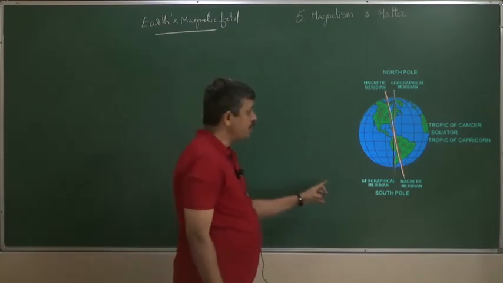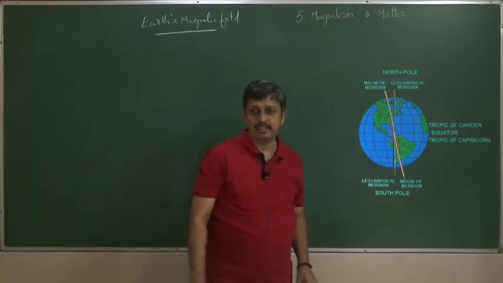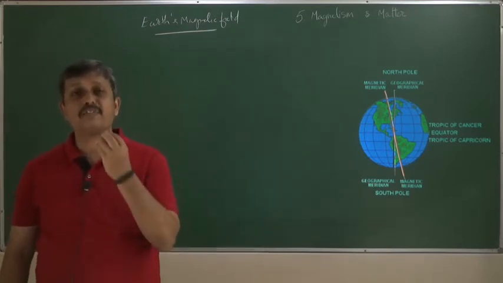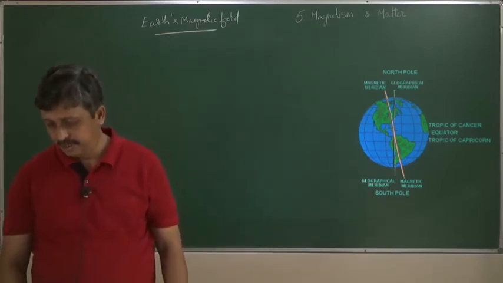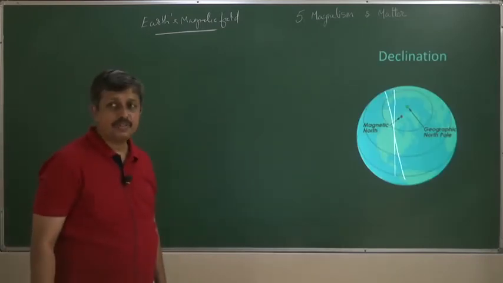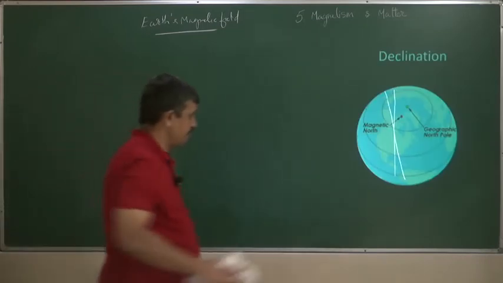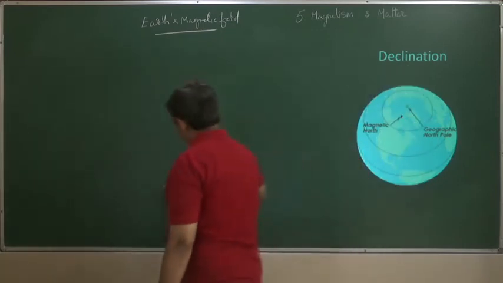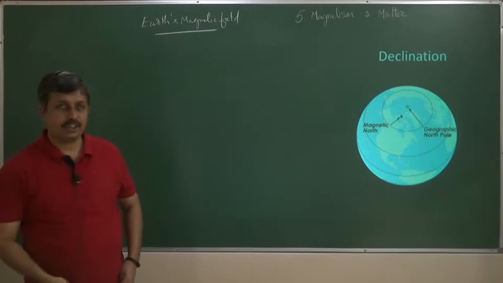Now we want to go to a specific local point and see how we can find out the magnetic field at that point. So how do we measure? We measure it using a few parameters. First one is called declination. So how do we do this declination?